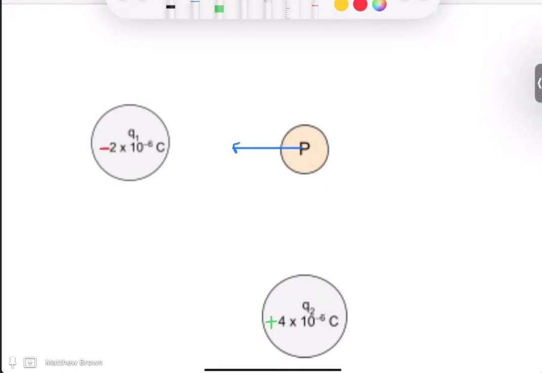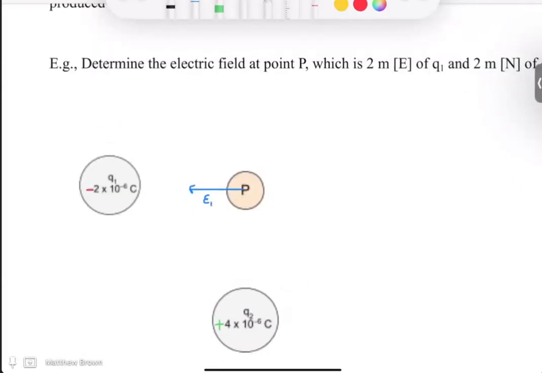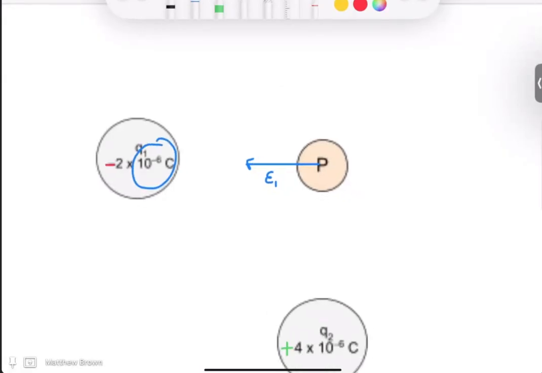And so we can represent that as E1, the electric field at that point in space because of charge 1. And then if we consider what would be the case here because of Q2, well, Q2 is positive, so it would repel. And it's stronger, right? It's 4 times 10 to the negative 5. And this one here is, I think that's a negative 6, 2 times 10 to the negative 6, which is definitely smaller.